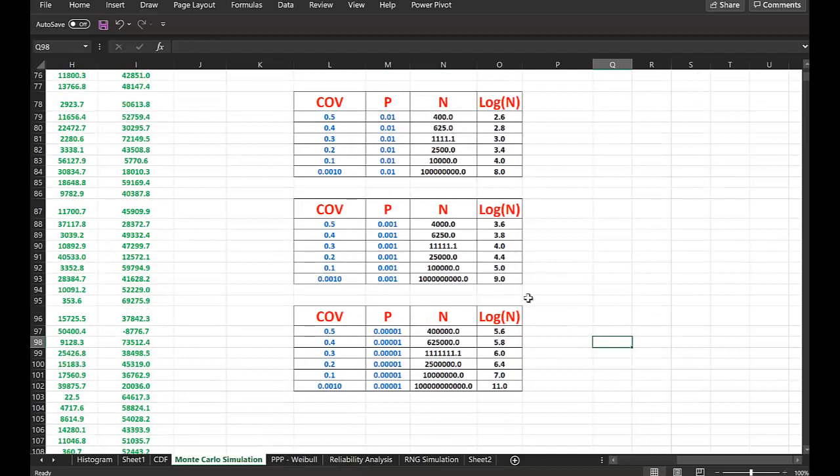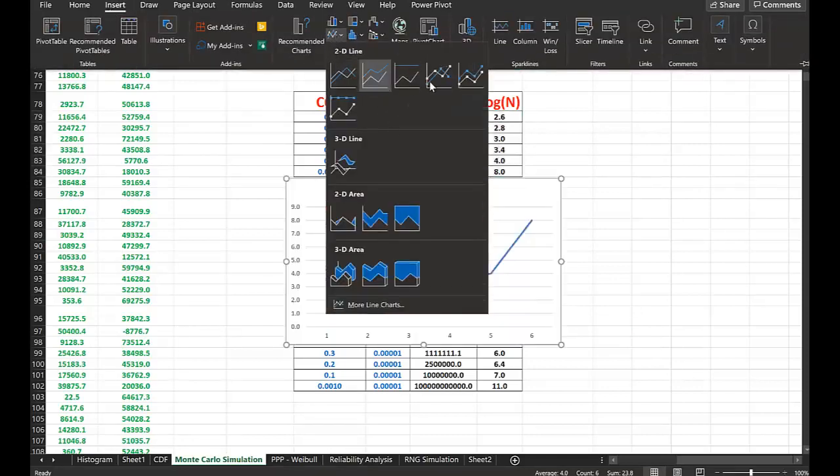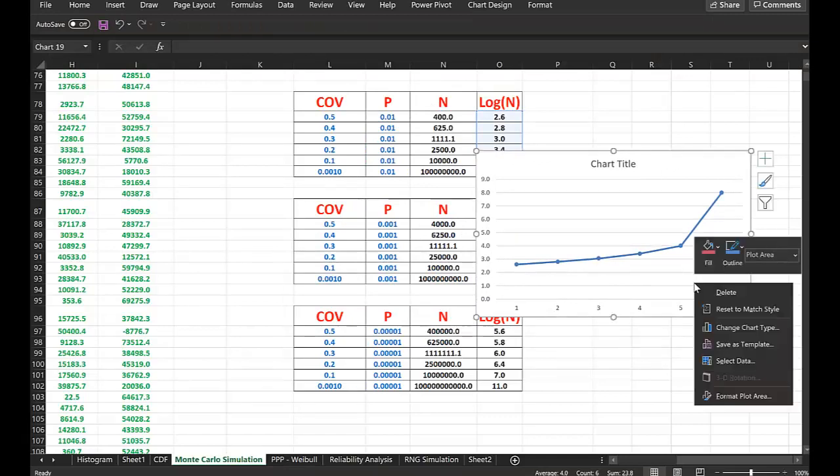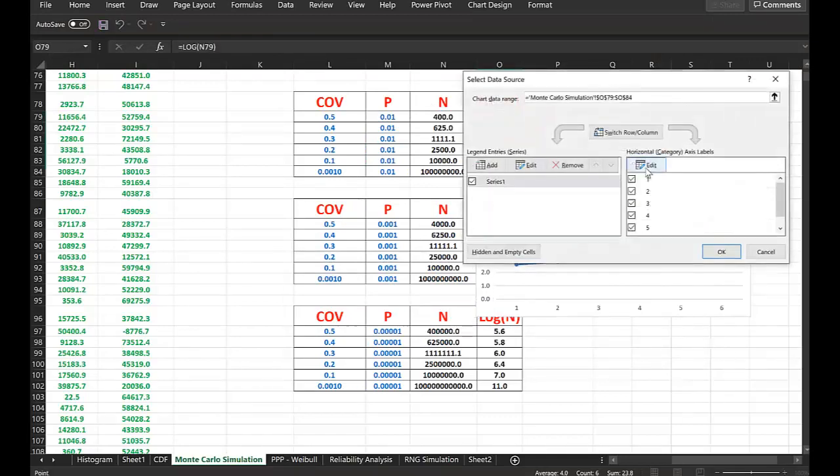So now I can plot a graph for different coefficients of variation. Let's plot a graph of log n versus coefficient of variation, with the coefficient of variation on the x-axis.